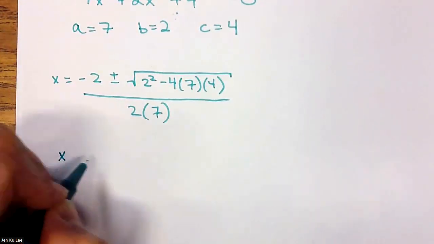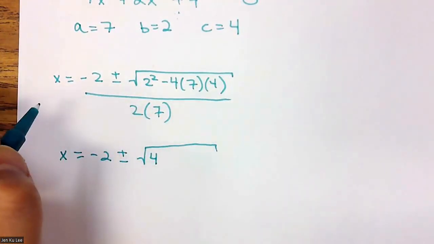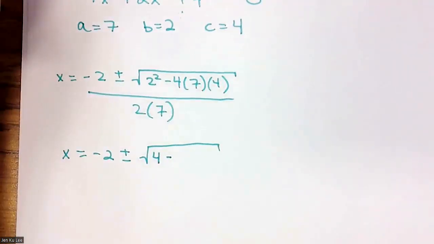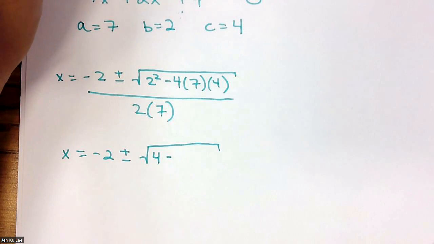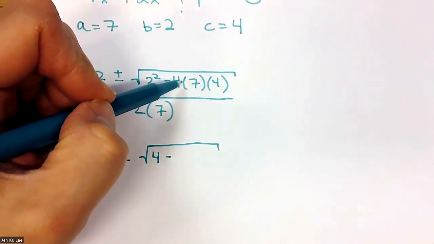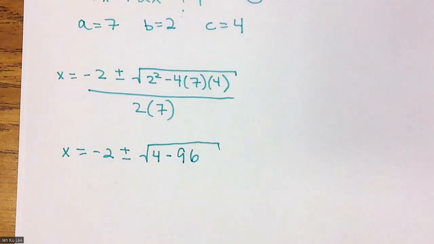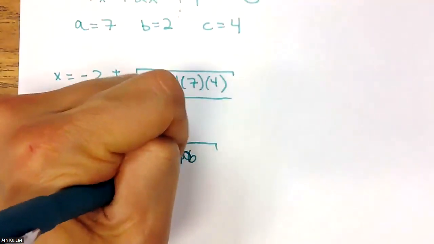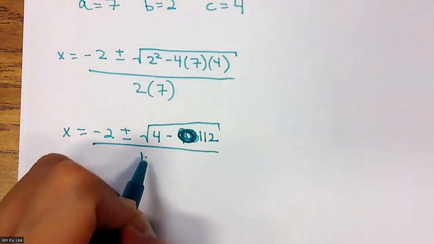So simplifying this, it would be -2 plus or minus the square root of 4. 4 times 7 is 28. 28 times 4, 96, yeah. 28 times 7, 112. 112 divided by 2 times 7, that's 14.